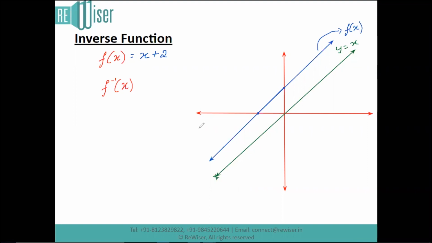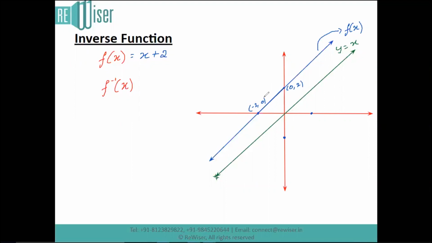Now if I talk about finding f inverse of x, graphically it's just a reflection along y equals x. So the point 0 comma 2 will become 2 comma 0, and minus 2 comma 0 will become 0 comma minus 2. Your x coordinate becomes the y coordinate and the y coordinate becomes the x coordinate.